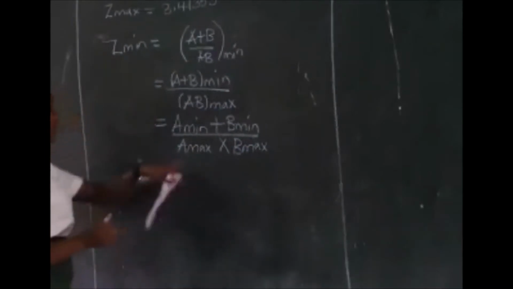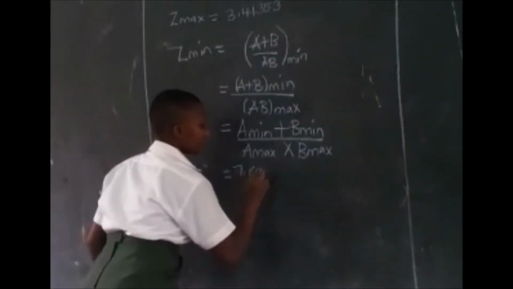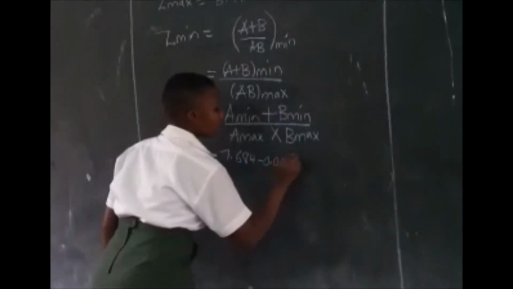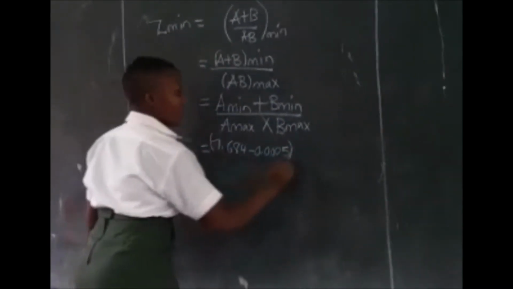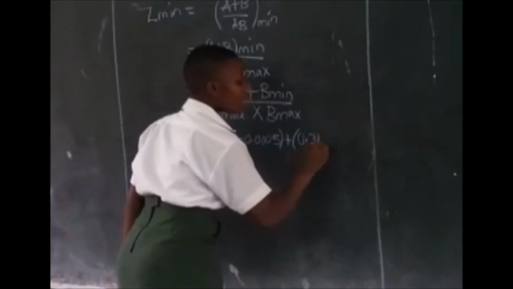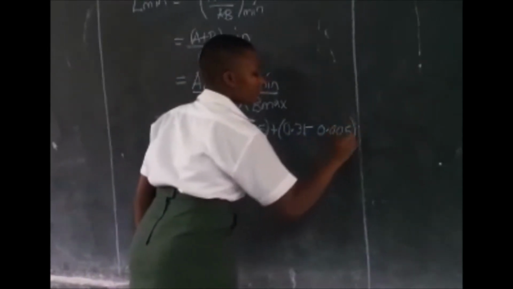So to get A min, we get the actual value of A, which is 7.684. We subtract the error in A, which is 0.0005. Then we add B min, which we get from the actual value of B, which is 0.31, subtract the error in B, which is 0.005.